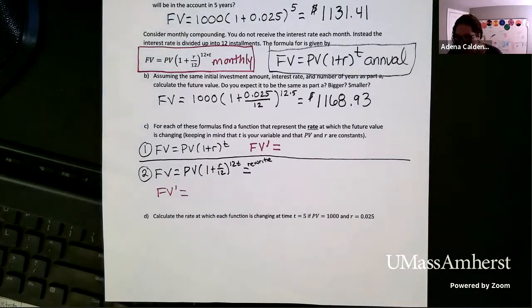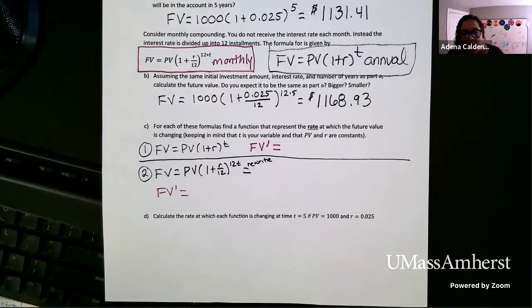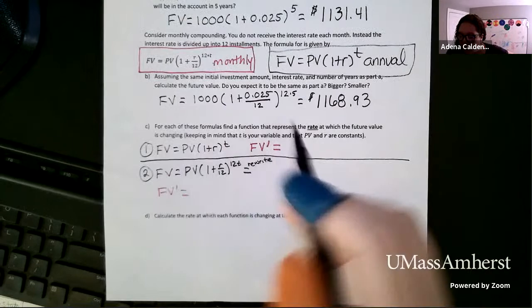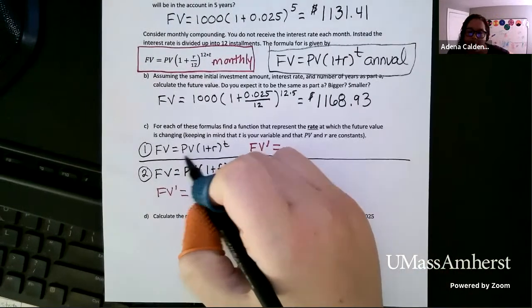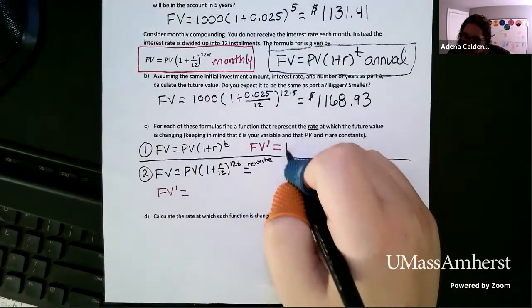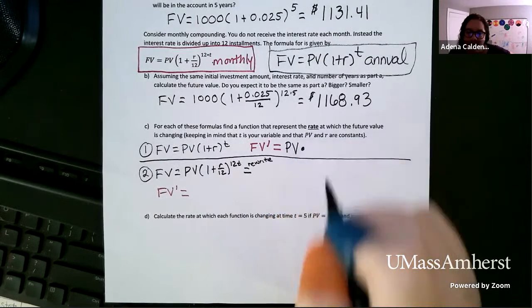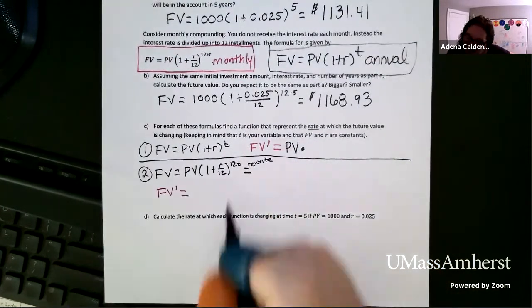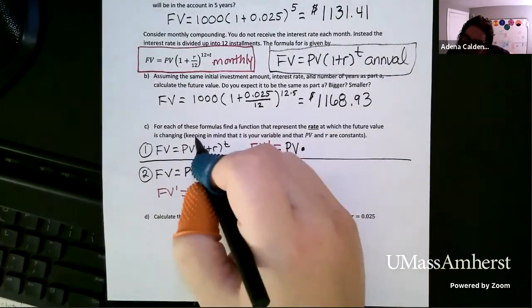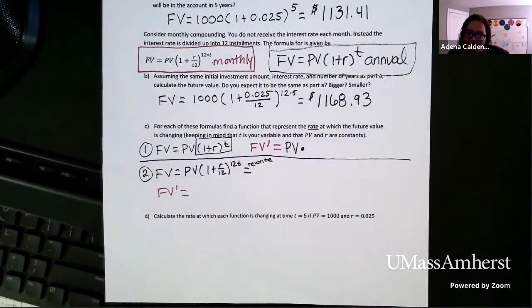So I separated this into 1 and 2, so 1 for annual and 2 for monthly. If we want to find the derivative for our annual function, the PV is a constant multiple, so that's a constant that's going to carry with us into the derivative. And then our exponential function is (1 plus r) to the t.